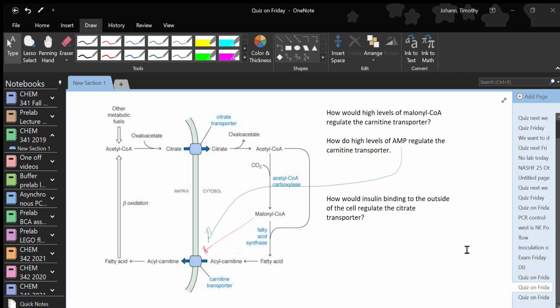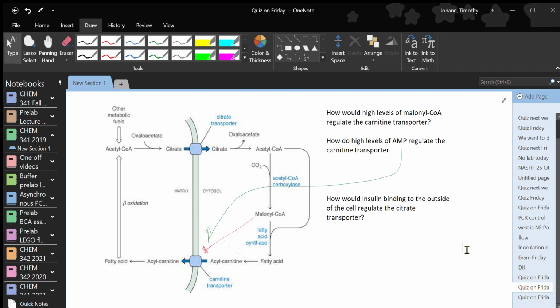But let's assume this is a liver cell, because liver cells do everything. A muscle cell is not going to be doing fatty acids. It's not its job. So insulin binds the outside of the cell.